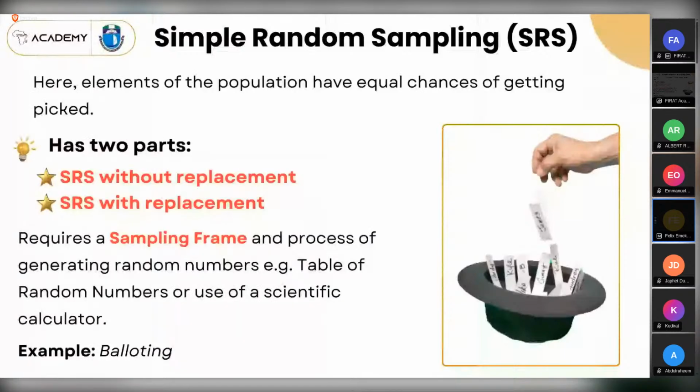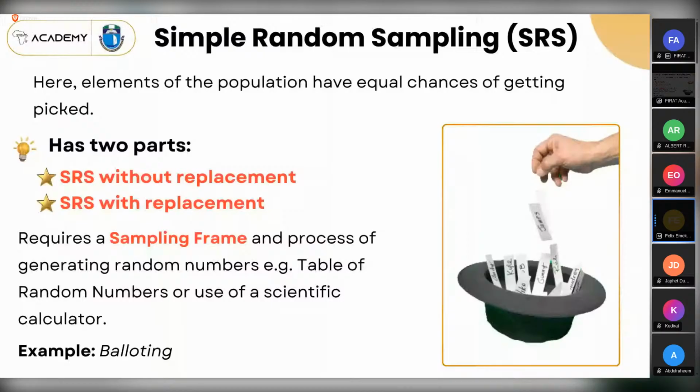So the first one is the simple random sampling. This one is very popular, but for you to use simple random sampling, you have to have a sampling frame. So meaning that every one of the participants that you want to use for that study, they are all there. So if you don't have a sampling frame, you cannot do simple random sampling.